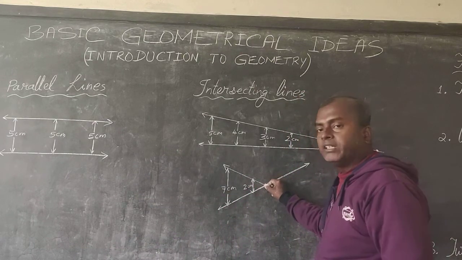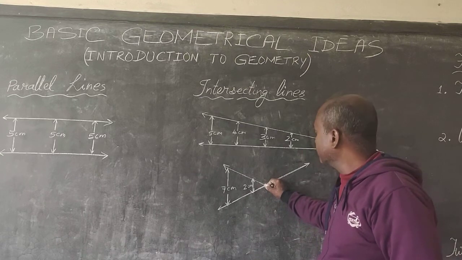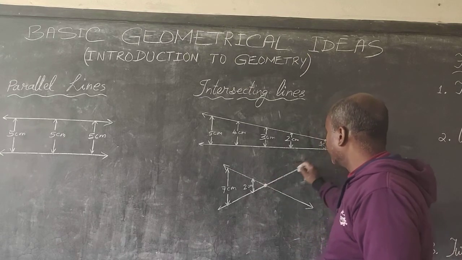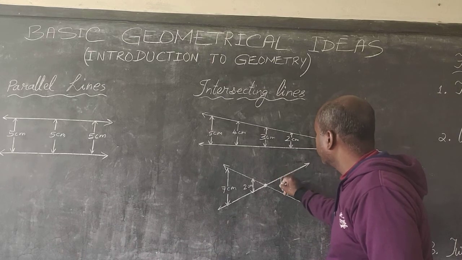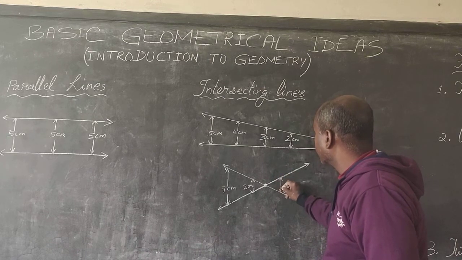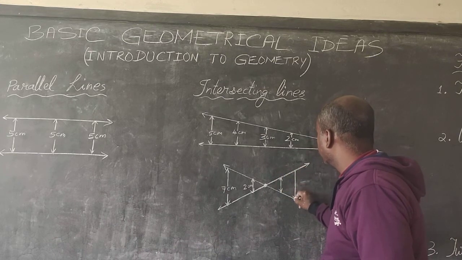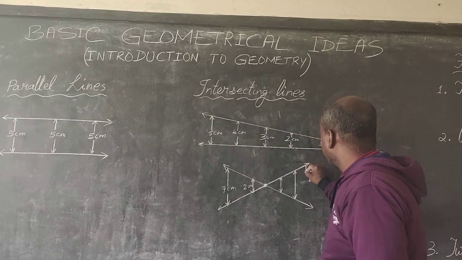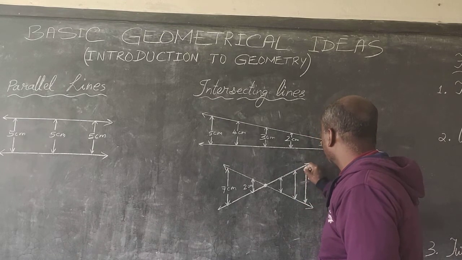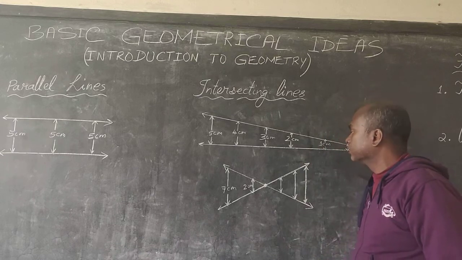Again, when it comes here, they cross each other, they meet each other, and when extended further, as it moves, the gap starts increasing again. See, the gap is increasing, and here it is the farthest. The two lines are farthest apart from each other.